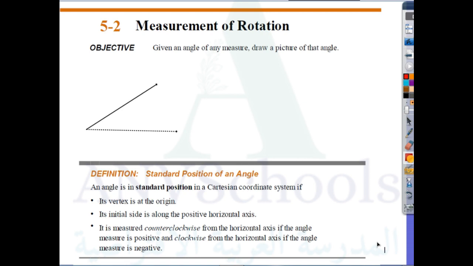And when you say measurement of rotation, it involves circular and angular rotations. Am I correct? So we are to define what first is rotation and what an angle is. Now in geometry, you actually learned about angles, right?